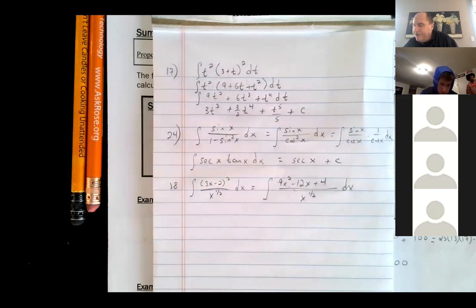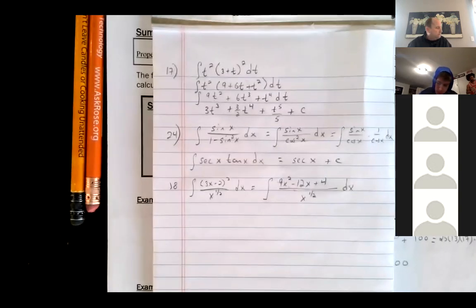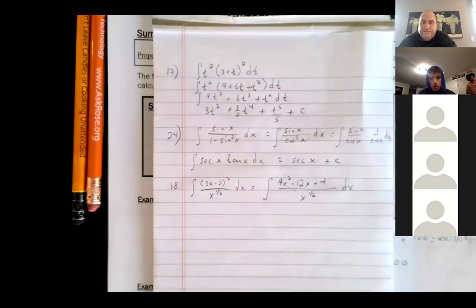And now what am I going to do when I divide each one of these terms by x to the 1/2? What am I going to do with my exponents? Subtract. That's right.